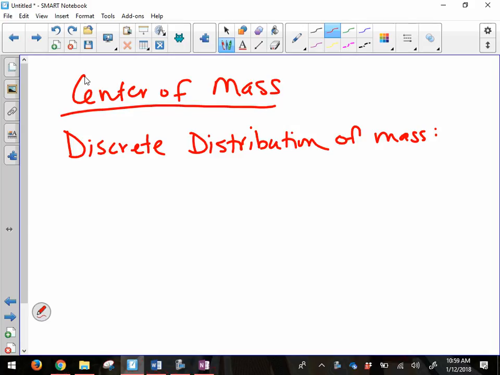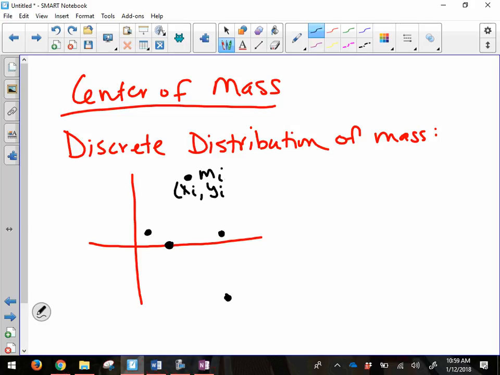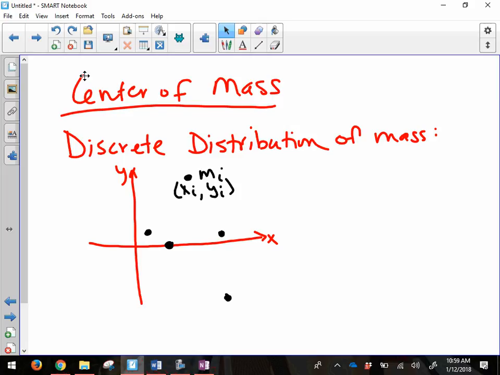A discrete distribution of mass means that I have these smallish particles located at different x and y coordinates. Each mass, mi, is at some xi and yi. And of course, these are my x and y coordinates.